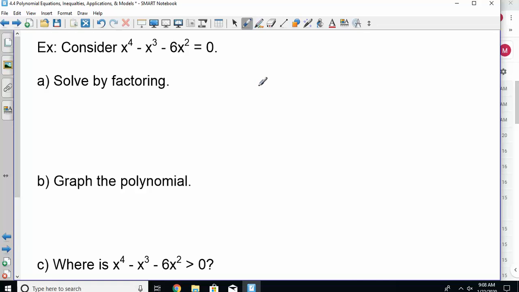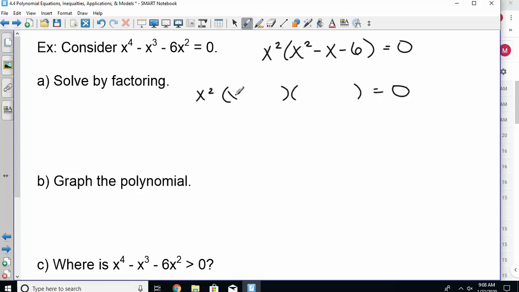This one doesn't have 4 terms, so I wouldn't do grouping. What would we do? Just pull out an x. And that is something that we were even doing in the previous section. So if you take that out, you're left with x squared minus x minus 6. Then what can you do? So what multiplies to negative 6 and adds to negative 1?